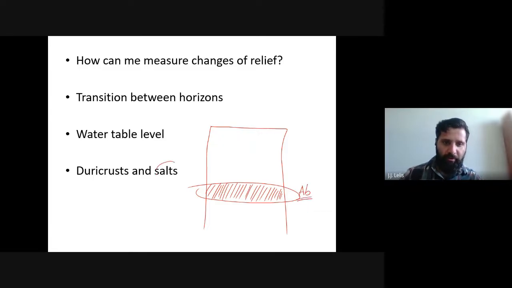Because salts are more abundant, more relevant in the surface horizon because they are precipitated in the surface horizon because of the higher temperatures.